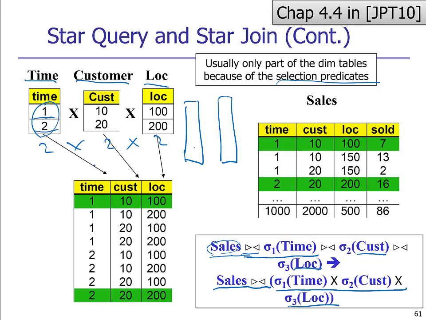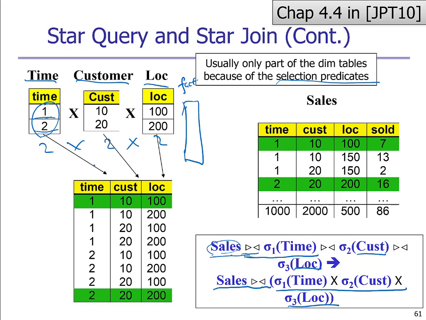there are actually many different algorithms to perform join efficiently, based on the size of the tables. So in our scenario, we consider the case that this is the fact table, and we know that fact tables are quite large.